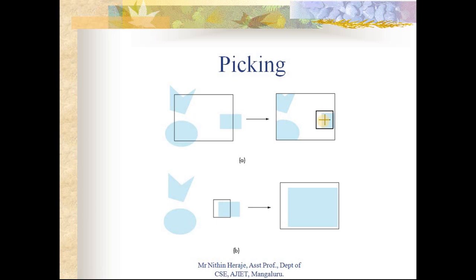In this there is a problem, because in our pipeline, once from the world coordinates we have come to the screen coordinates, you need to go back to the world coordinate again, and then you select or pick the area that you want and then display it. So picking is quite complicated here.